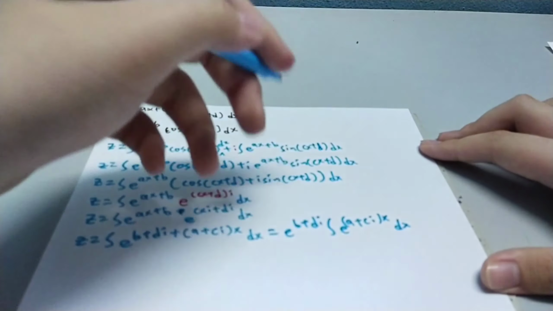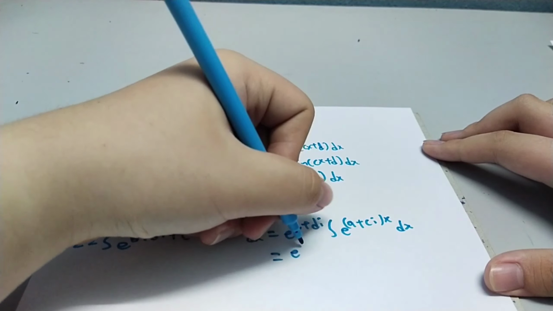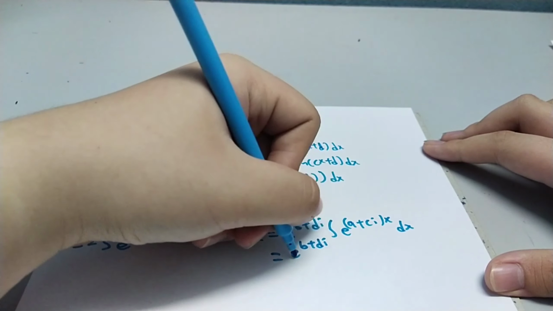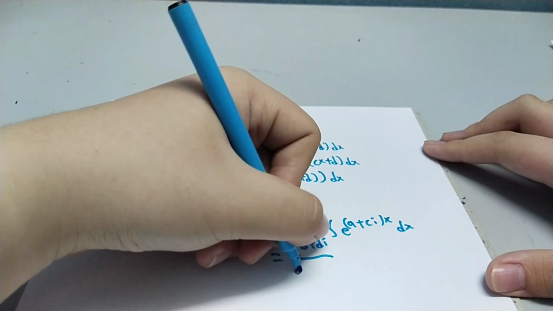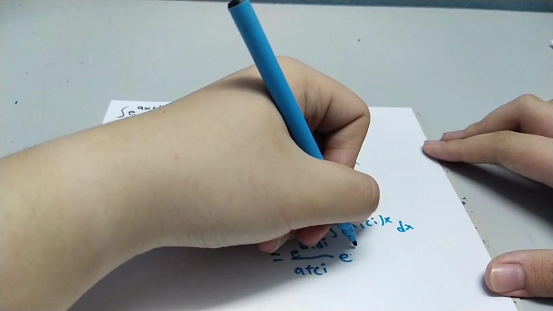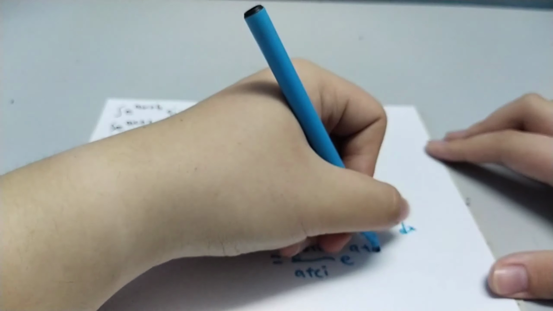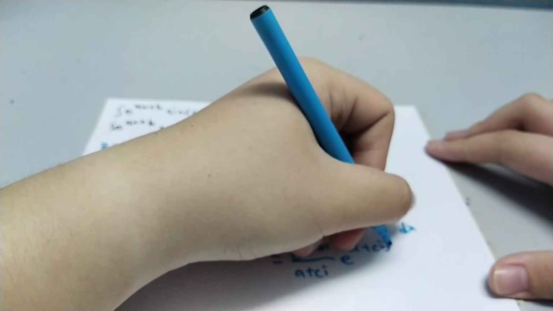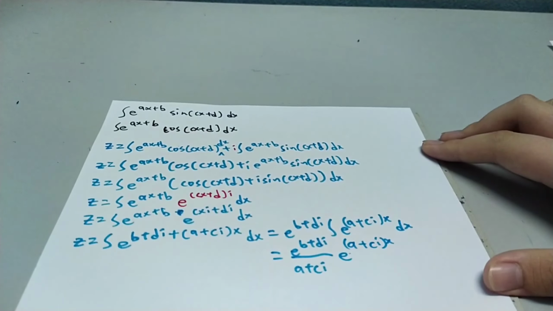And solving this integral is very easy: it is equal to e to the power of b plus di over a plus ci, times e to the power of a plus ci times x.